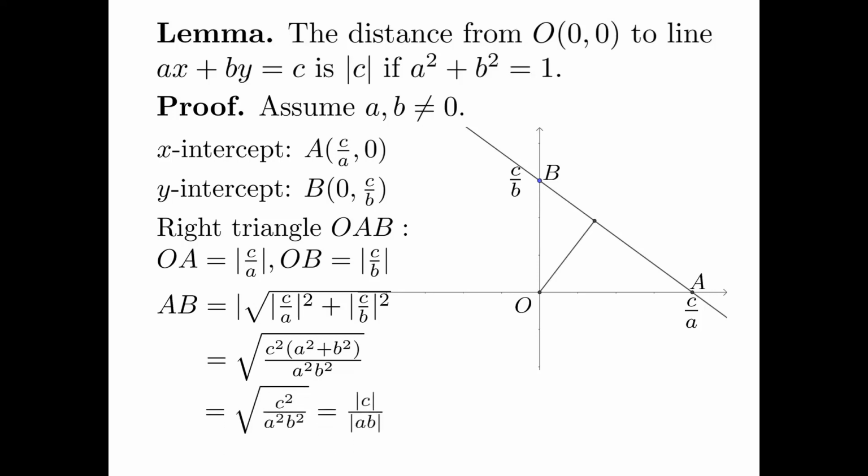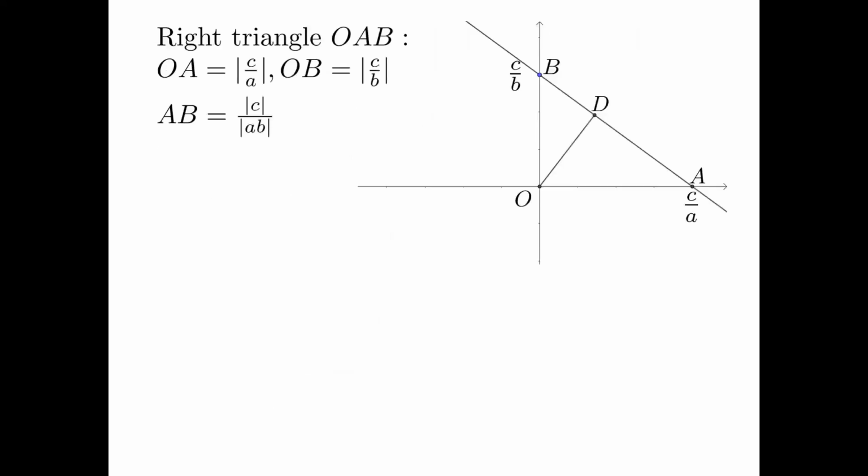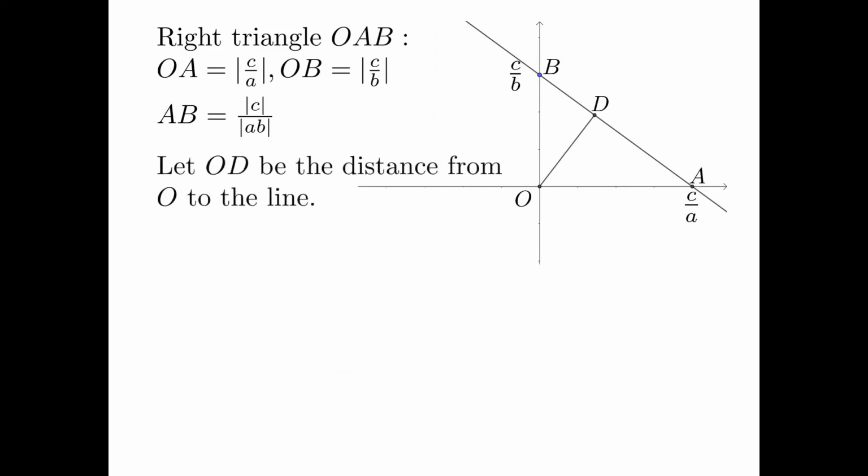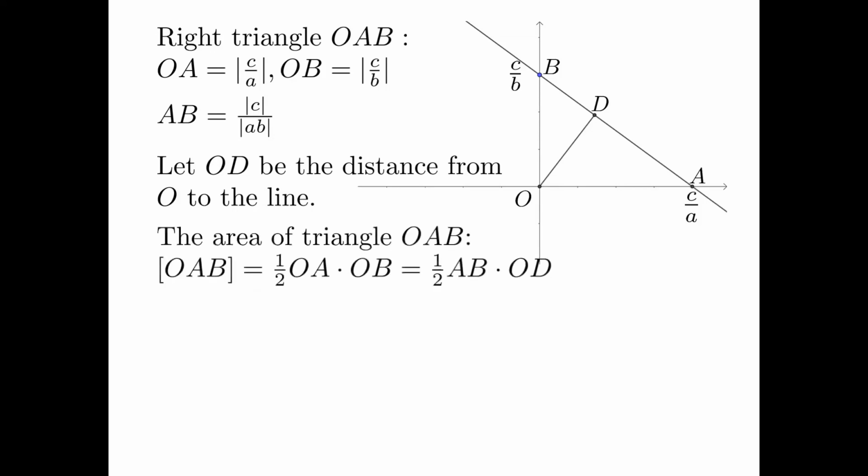We end up with AB equals the absolute value of c over ab. Now we already have the lengths of the triangle in terms of a, b, and c. This is a right triangle. We have an altitude from O to the side AB. We call it OD. So OD is the target distance we are looking for.